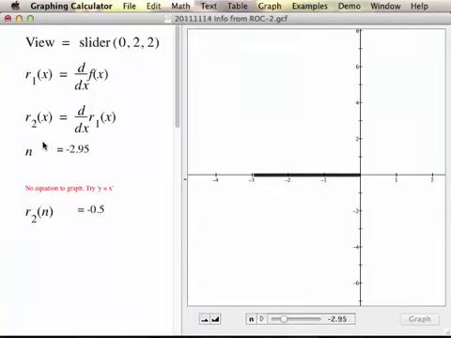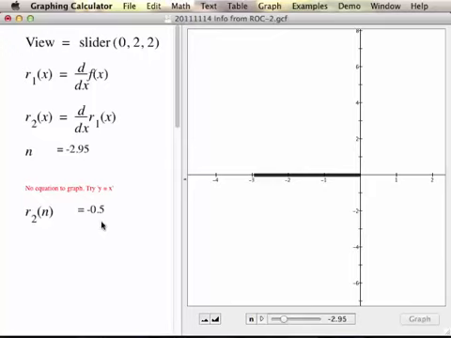It's the derivative of R1. Okay? And so right now, x is negative 2.95. And the rate of change of R2 is negative 0.5. And remember, R2 is the derivative of the rate of change of f.